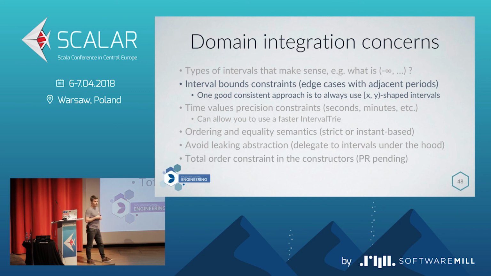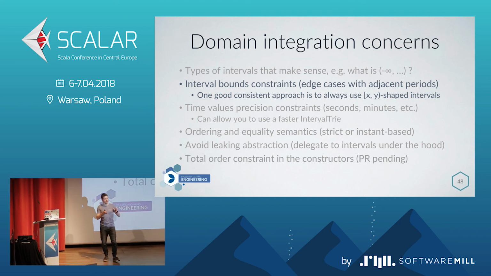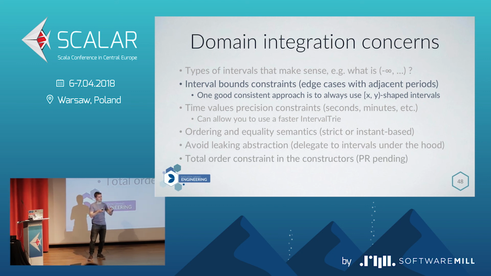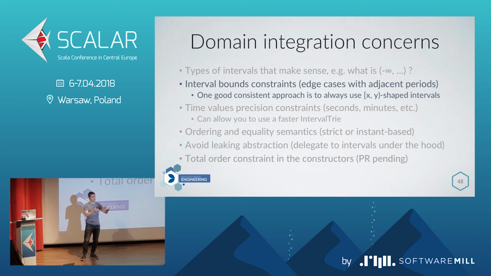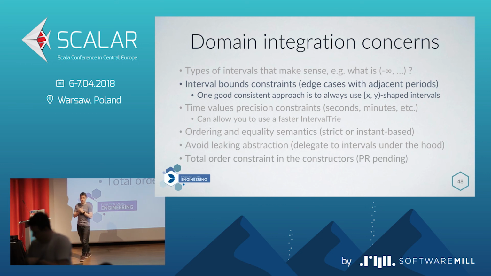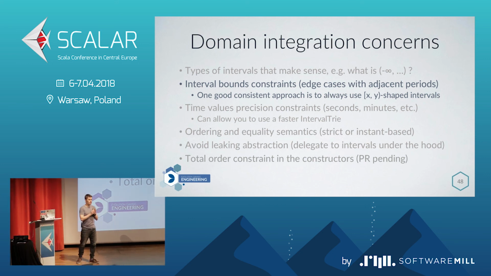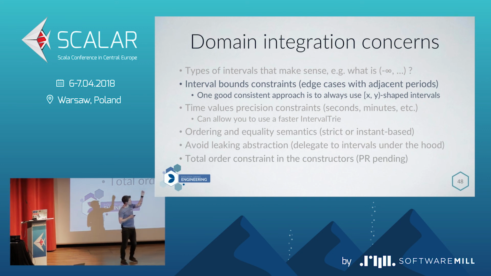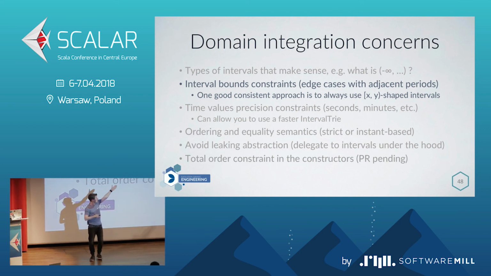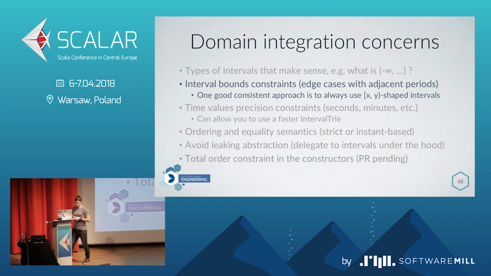If you don't take care, you can get some degenerate intervals, edge cases, when you intersect two intervals that have closed boundaries on the edges. In some domains, this doesn't make sense. So you might need to use a consistent approach to boundaries. One example that we use in our domain is: left boundary is closed, right boundary is open. This way, you won't ever get any degenerate intervals.